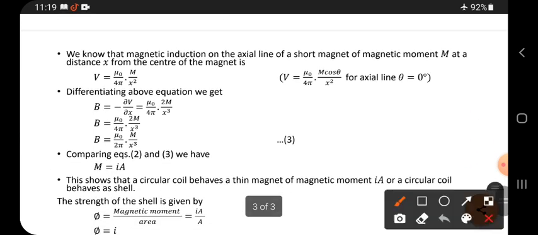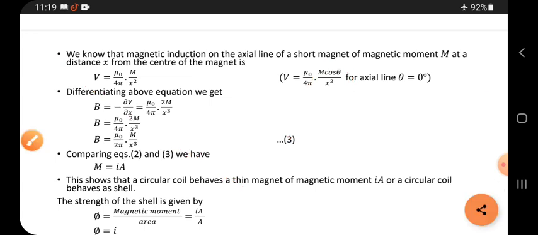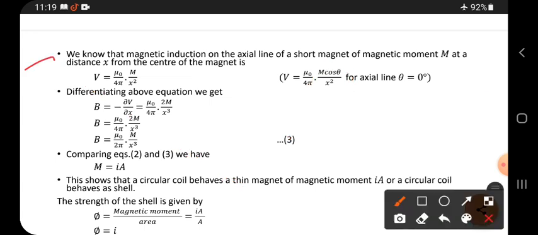In the previous video, I wrote the potential as dV is equals to mu naught by 4 pi, m cos theta by r square. M cos theta by r square means x square here. The same formula is taken, but we know the magnetic induction on the axial line of a short magnet of magnetic moment m at a distance x from the center of the magnet.